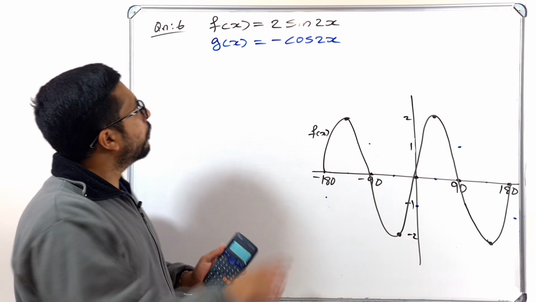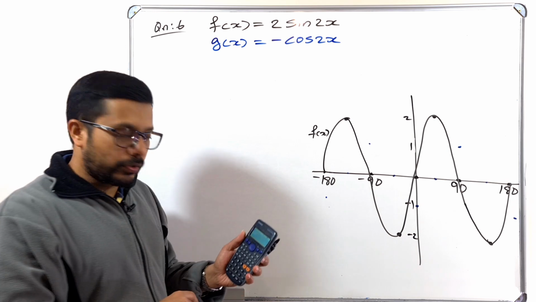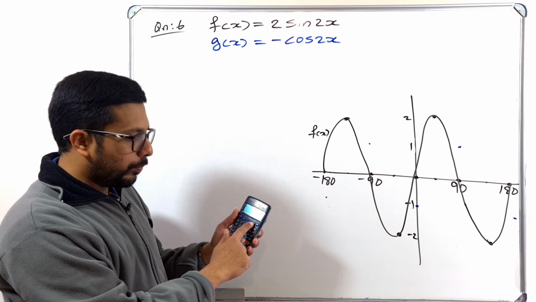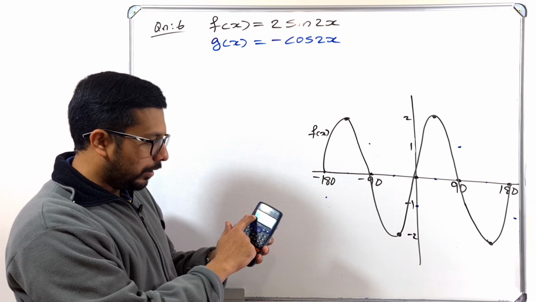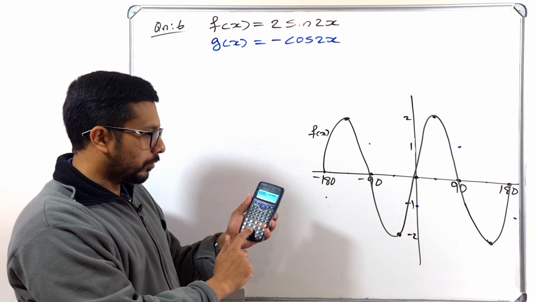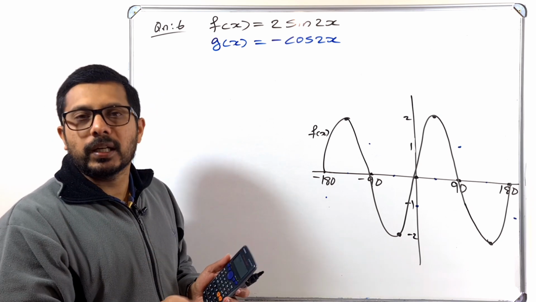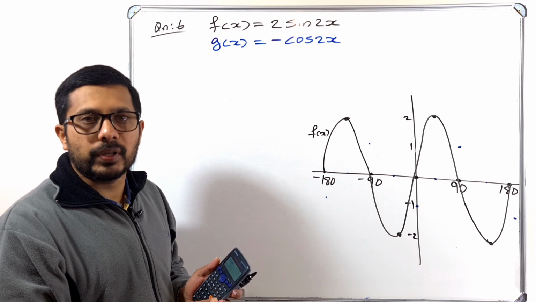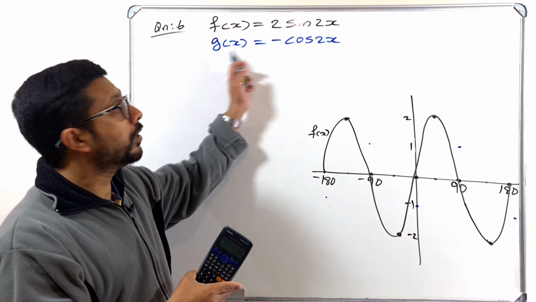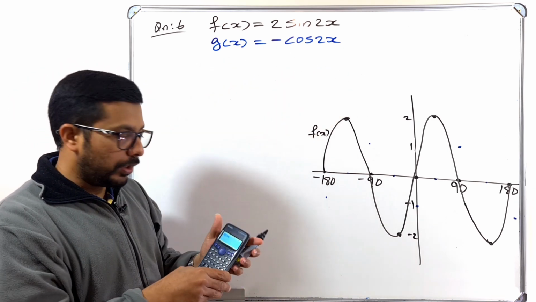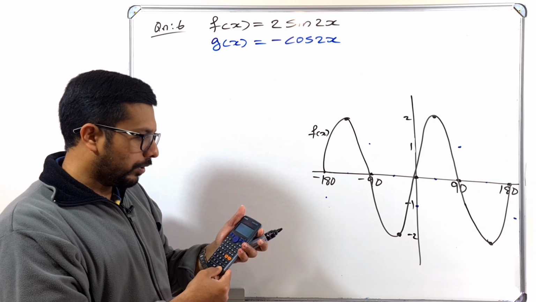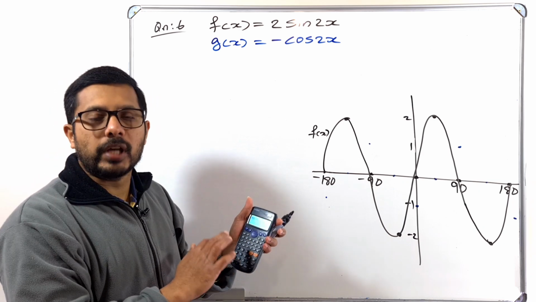Now we have to draw this graph. So first we have to click on mode, then number 3, table. Number 3, f of x is equal to. It doesn't matter, guys, f of x or g of x, you know that you are going to draw g of x. Anyway you have to type that f of x.